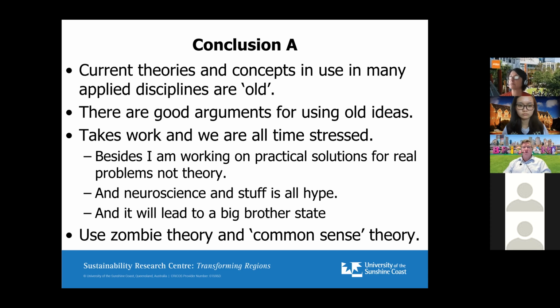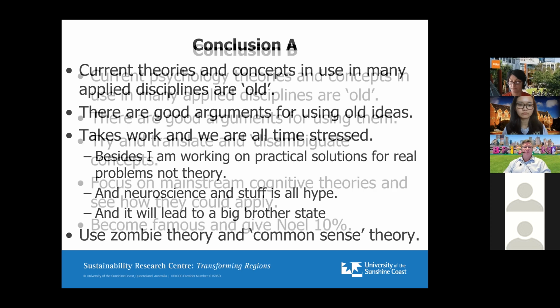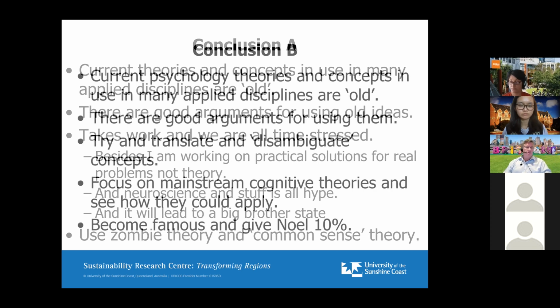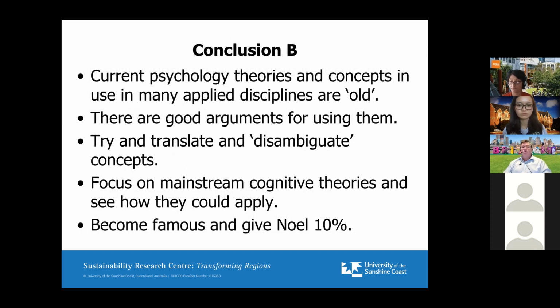And neuroscience and all that stuff is hype, and it will lead to a big brother state. Therefore, let's just continue to use zombie theories and common sense theories in our research. That's the decision most tourism people come to, conclusion A. The other conclusion is that current psychological theories and concepts in use in many applied disciplines are old. There are good arguments for using them.